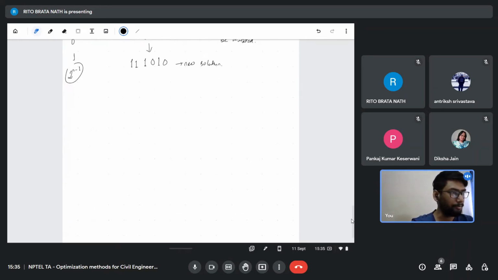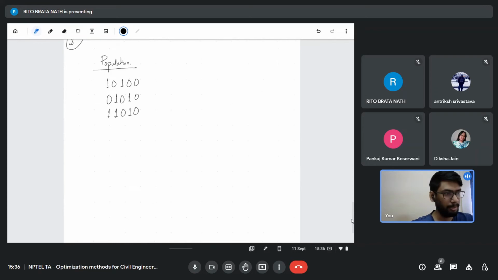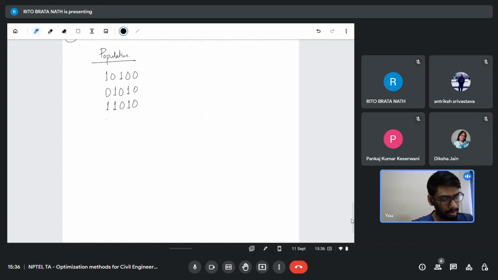Suppose I give you a population of binary strings: 10100, the next one 01010, then 11010, and maybe the fourth one 01110. Now this is your population.